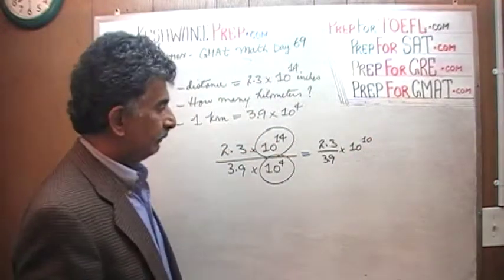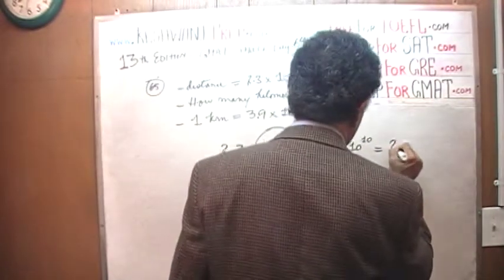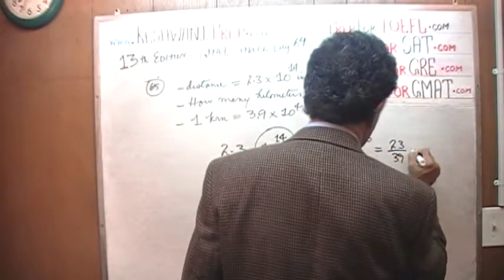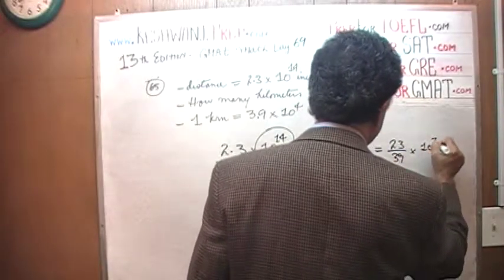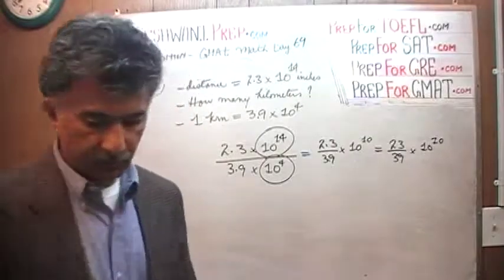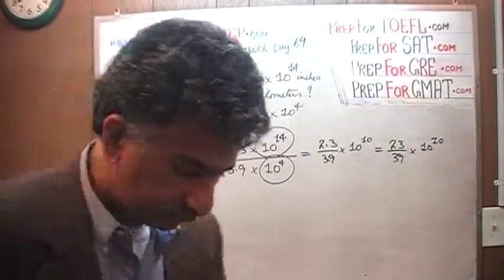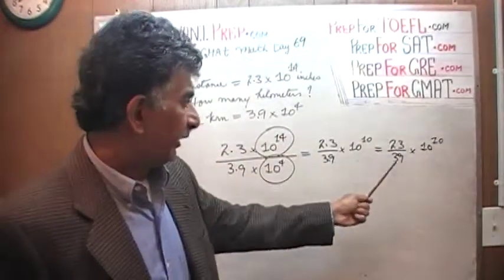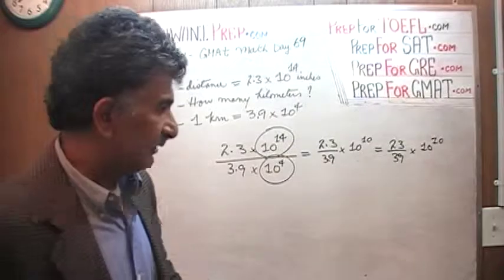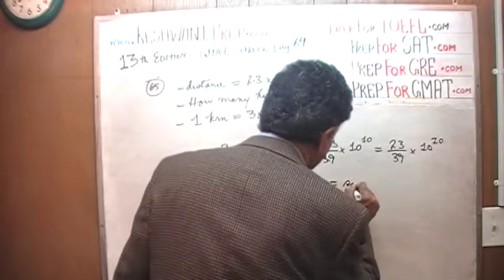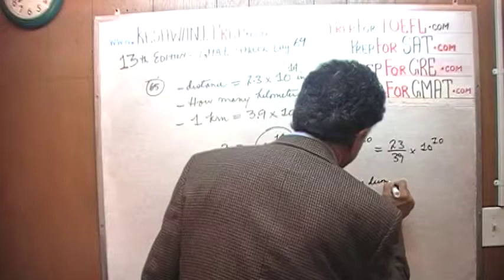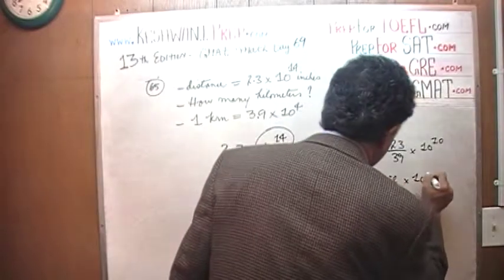2.3 divided by 3.9 is same as 23 divided by 39, times 10 raised to 10. And 23 divided by 39 is going to be some decimal, times 10 raised to 10.